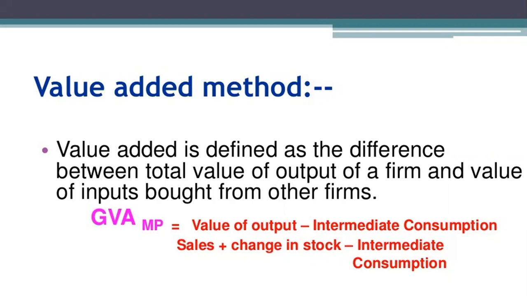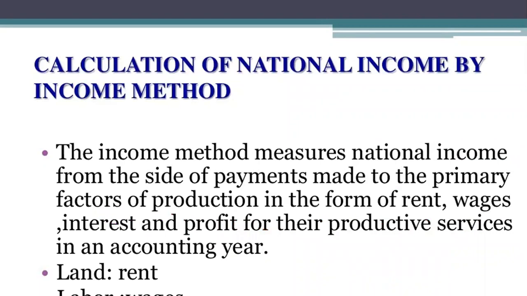Now we will discuss the income method. Calculation of the national income by the income method. The income method measures national income from the side of payments made to the primary factors of production in the form of rent, wages, interest, and profit for their productive services in the accounting year. For example, land equals rent, labor equals wages. Like that, we will count. The income method measures national income from the perspective of factor incomes.